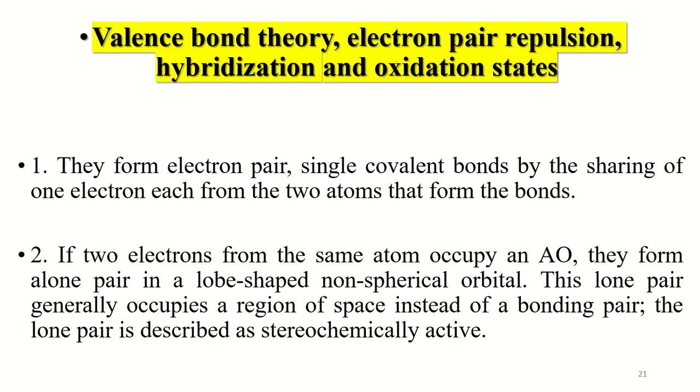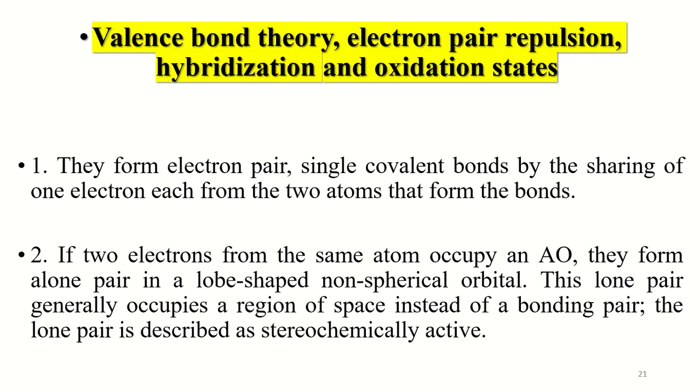Number one is they form electron pair single covalent bonds by sharing of one electron each from the two atoms that form the bond. Number two is the two electrons from the same atom occupy an atomic orbital. They form a lone pair in a lobe-shaped non-spherical orbital.